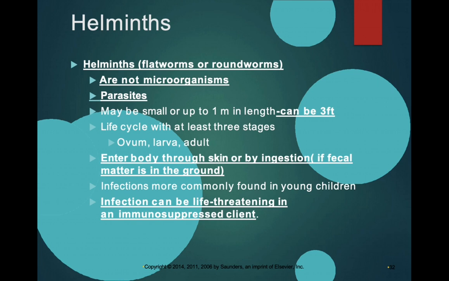They enter the body through the skin or by ingestion, especially if there is fecal matter around in the ground. The infections are more commonly found in young kids, and the infection, again, can be life-threatening in individuals who have weakened immune systems or are immunosuppressed.